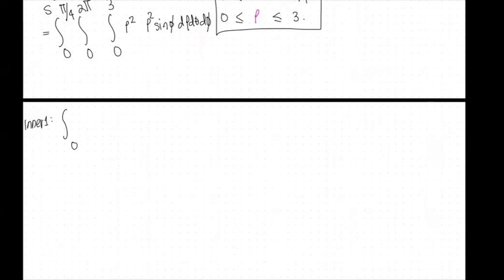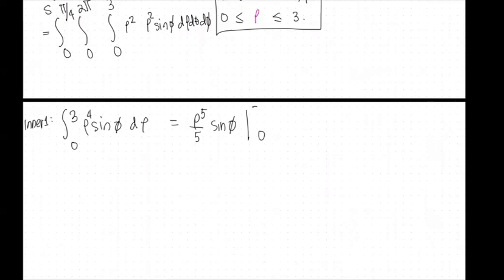This is the integral from 0 to 3 of rho raised to 4 sine phi d rho. So this is just rho raised to 5 over 5 sine phi, with rho from 0 to 3.